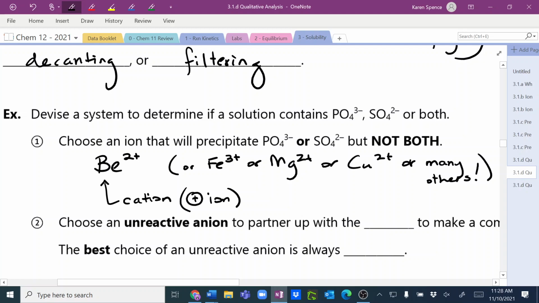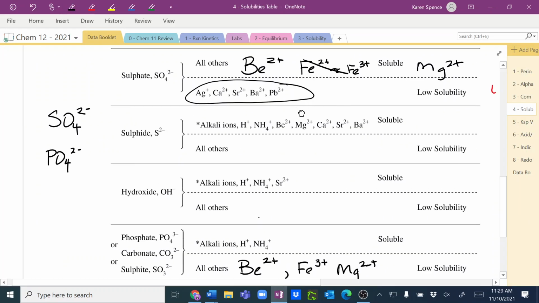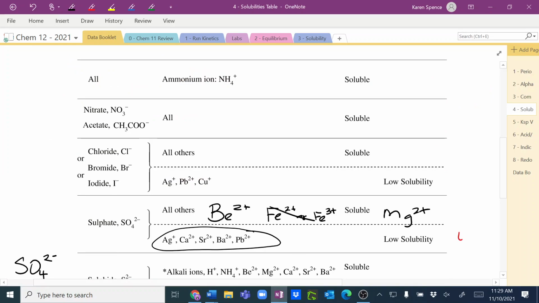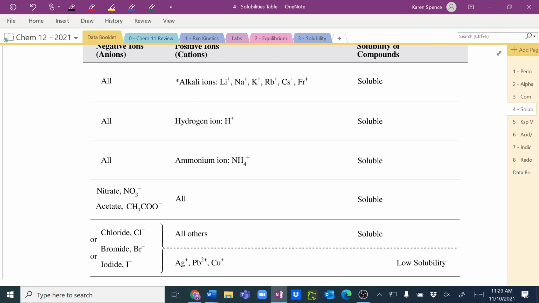And so our unreactive anion, can you go find me an unreactive anion in our data booklet? An unreactive anion, something that does not precipitate with anything.